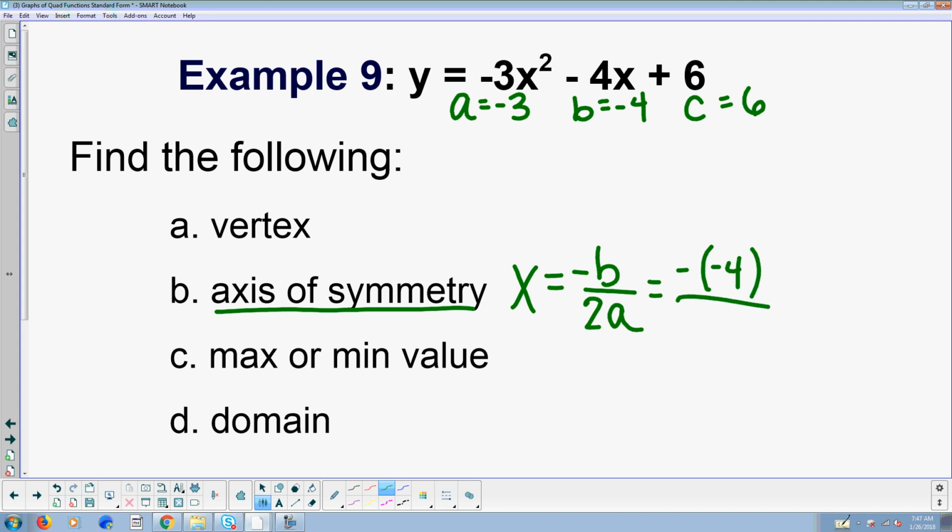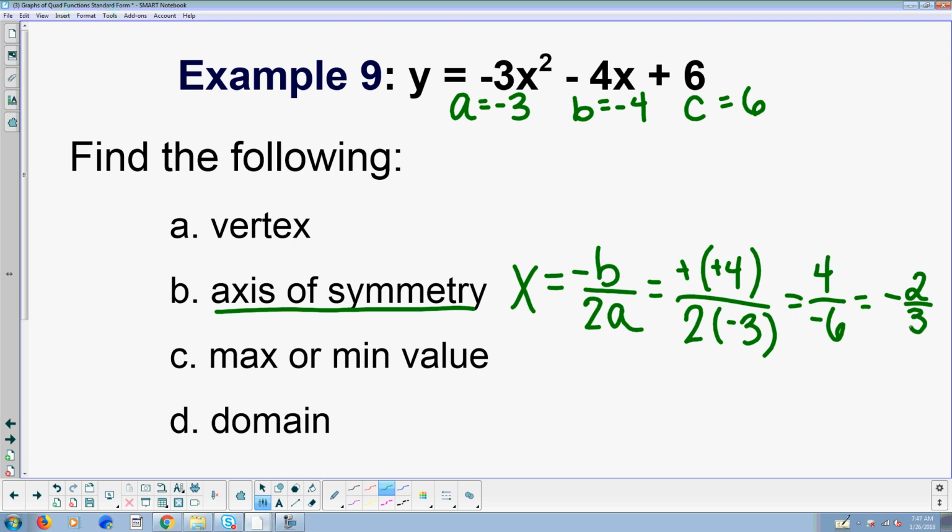Okay, there's a negative in the formula, and there's also a negative on b, so that's minus a negative, over 2 times a, that's going to be 2 times negative 3. Okay, minus a negative becomes positive 4. 2 times negative 3 is negative 6. I get a reduced fraction of negative 2/3.